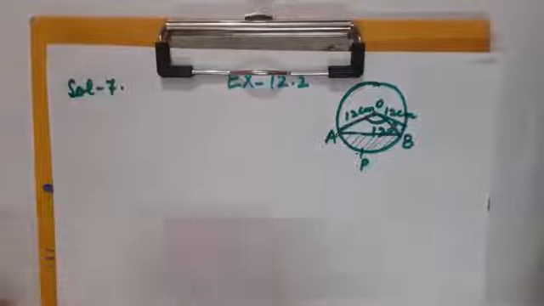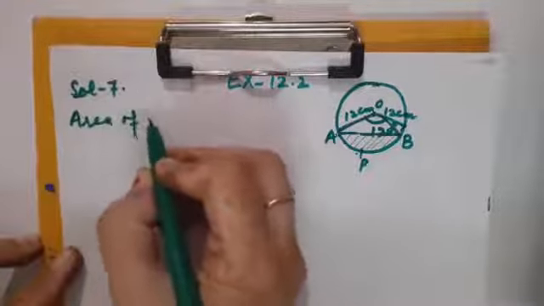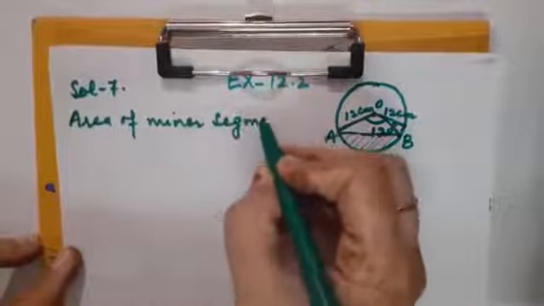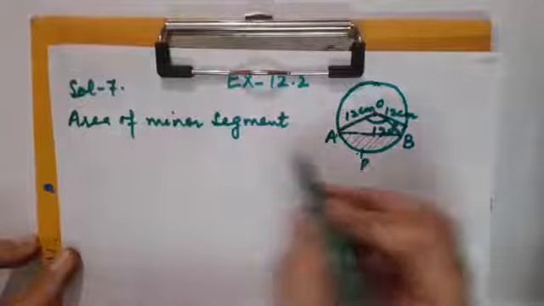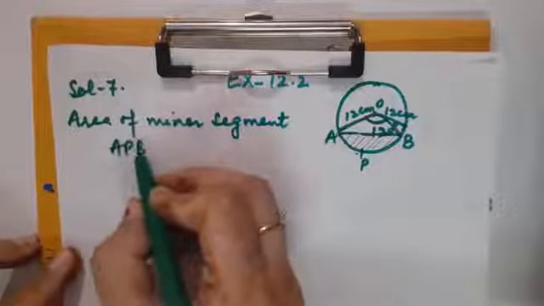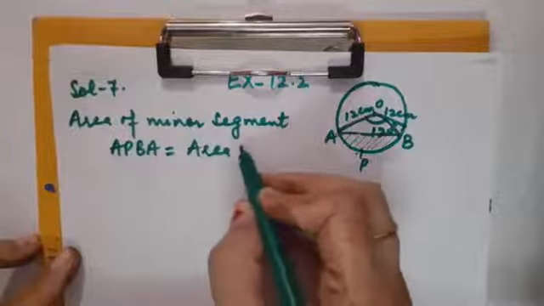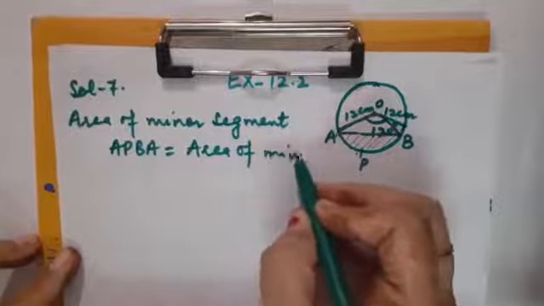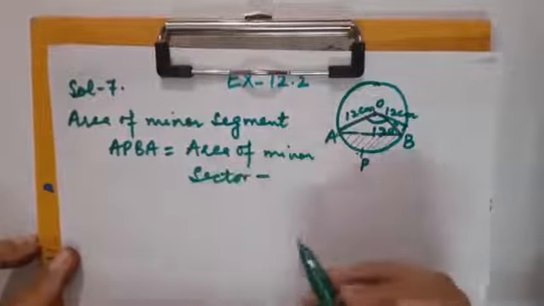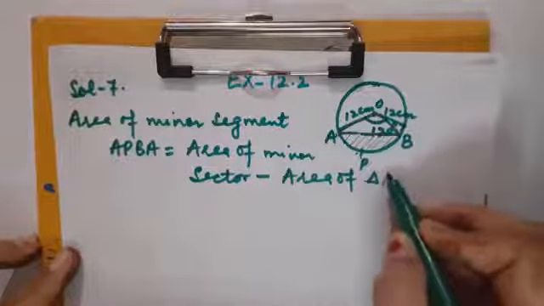So you know the formula. How to calculate area of the minor segment? Area of minor segment, that is APBA, is equal to area of minor sector minus area of triangle AOB.